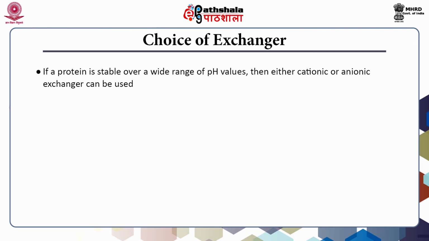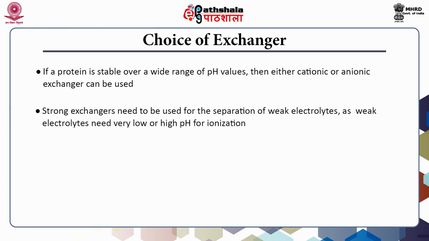Strong exchangers need to be used for the separation of weak electrolytes, as weak electrolytes need very low or high pH for ionization. In general, the weak electrolytes need either very low pH values or high pH values to be in the ionized state.